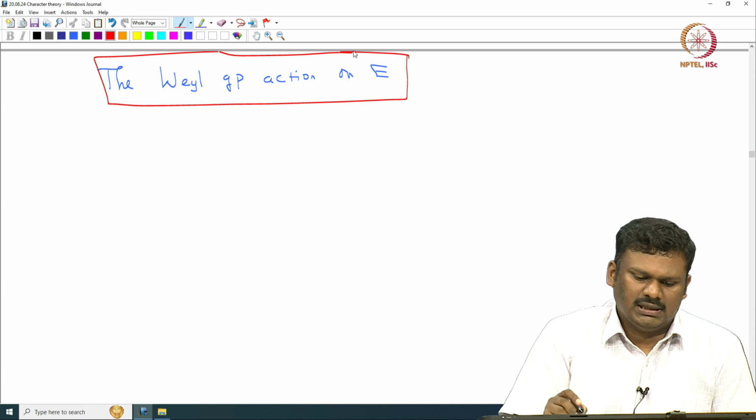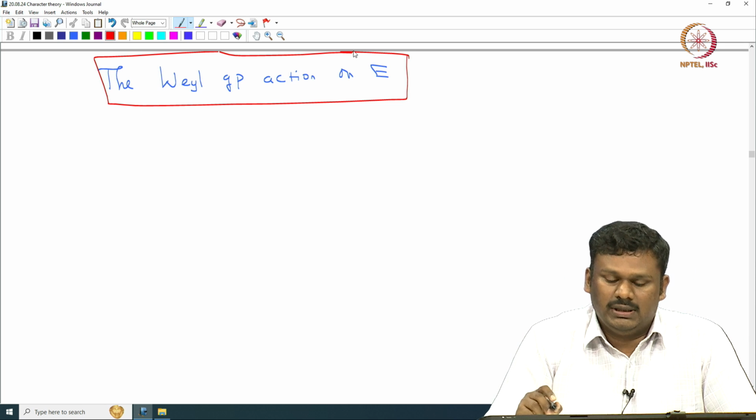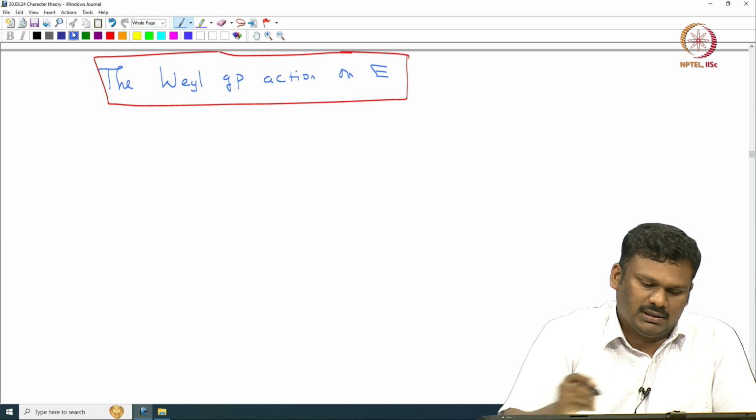Basically the Weyl group being S_(n+1) acting on E, you can see that we can define the fundamental region for that. We are trying to find out what that fundamental region is, and we will give a very explicit description of it.